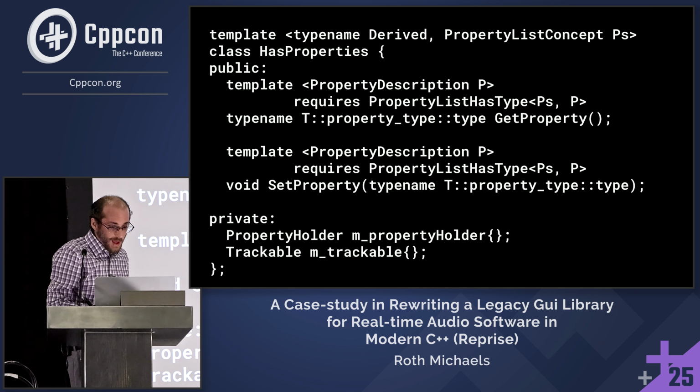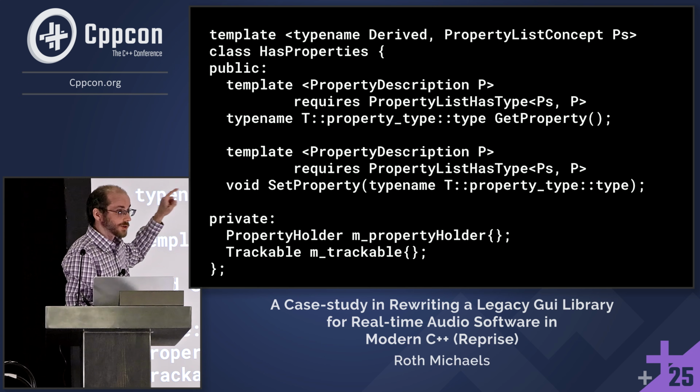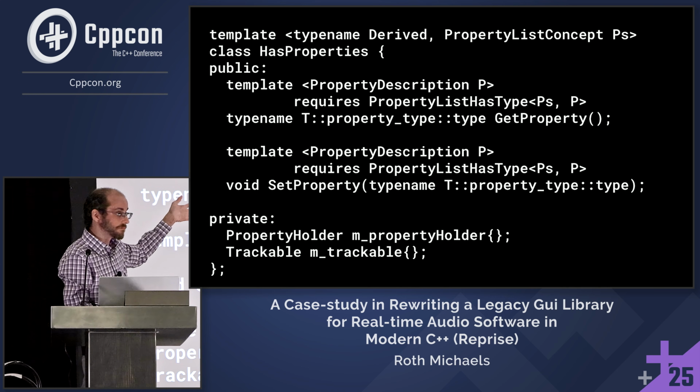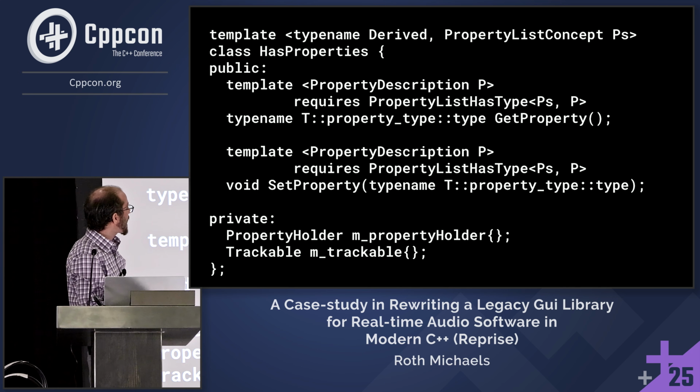And has properties looks like this. It has a get property that takes a property description. So you can only call it with one of our correct property types, not just int or something in the template. And it has this requires property list has type.